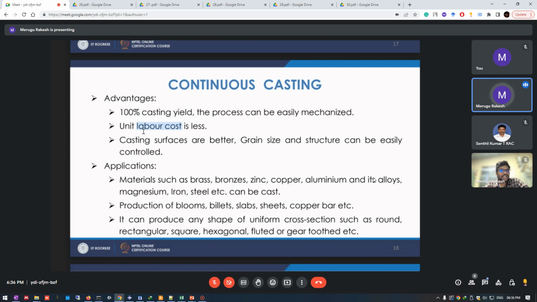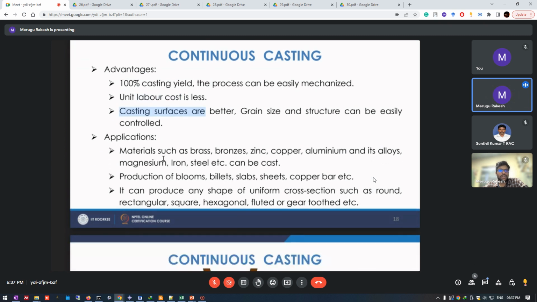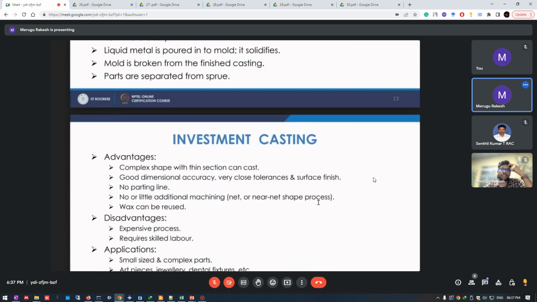Labor cost is less, casting results are better, grains and structure can be easily controlled. So we generally use this for brass, bronze, zinc, copper, aluminum, and its alloys. Generally we use it for blooms, billets, slabs, sheets, copper bars, etc. Okay. So these are the different types of special casting process.